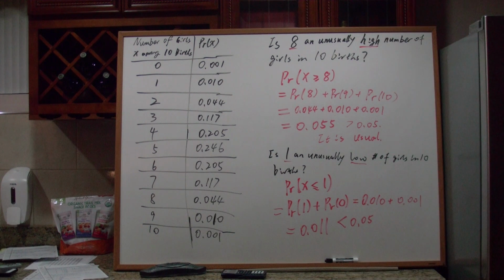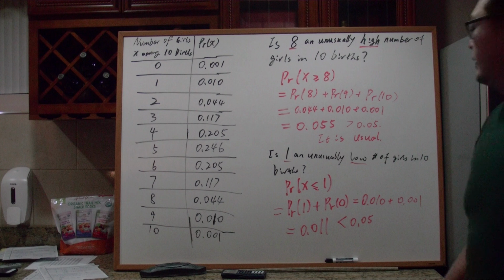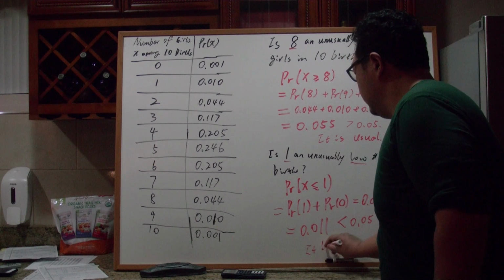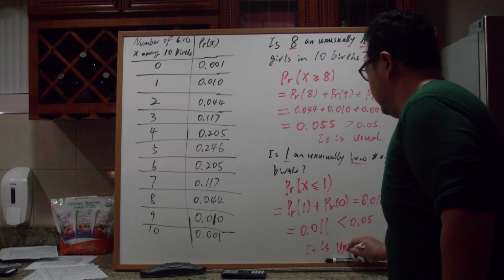Right, 0.011 is smaller than 5%, as we have just seen. If the probability is smaller than 5% or 0.05, we say it's unusual. If 5% or more, that's usual. So it is unusual.